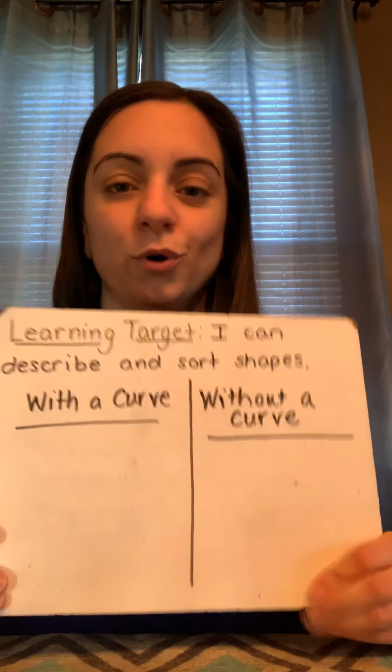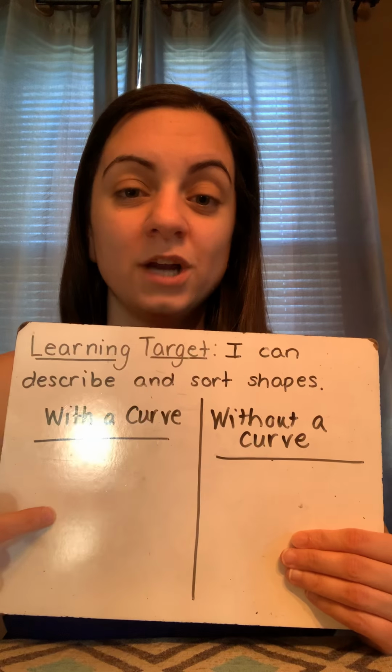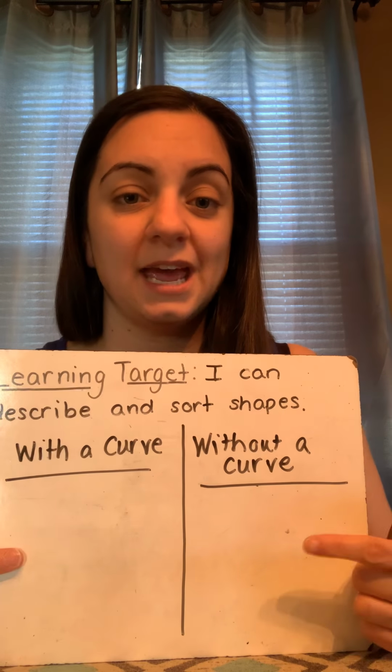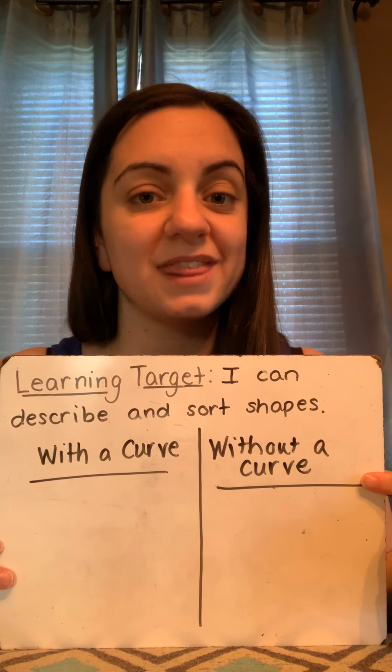Okay, let's look at our board. On this side, you're going to tell me what shapes are shapes with a curve. And on this side, you're going to tell me what shapes are shapes without a curve. Okay, let me cap my marker so it doesn't dry out.